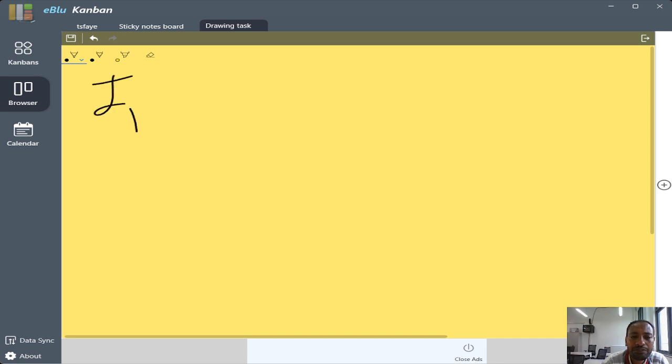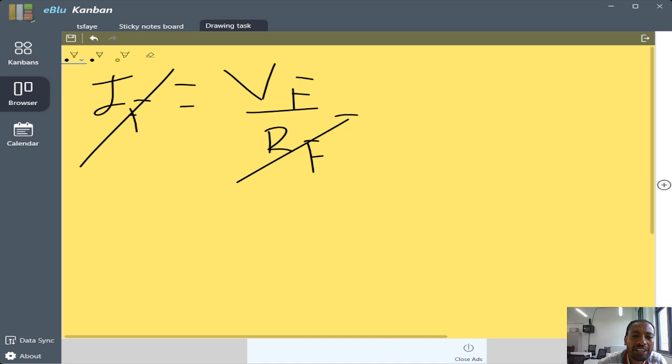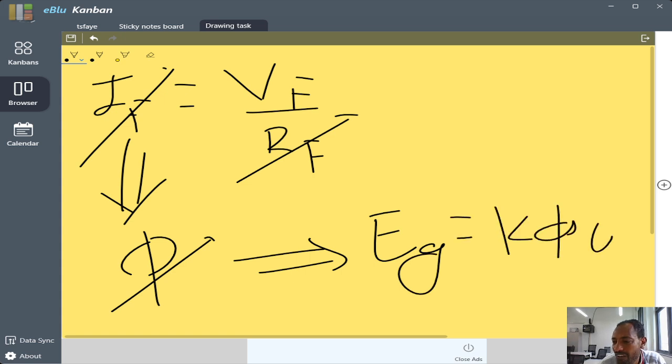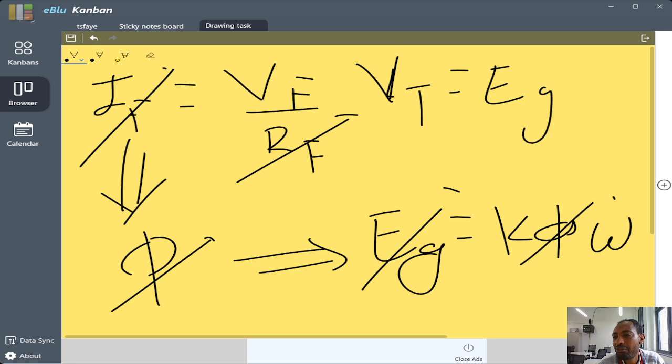And IF is determined by VF and RF. So by varying this, we can vary this. If we are able to vary flux, we are able to vary our EG. If EG is varied, we are able to vary the terminal voltage of our generator.